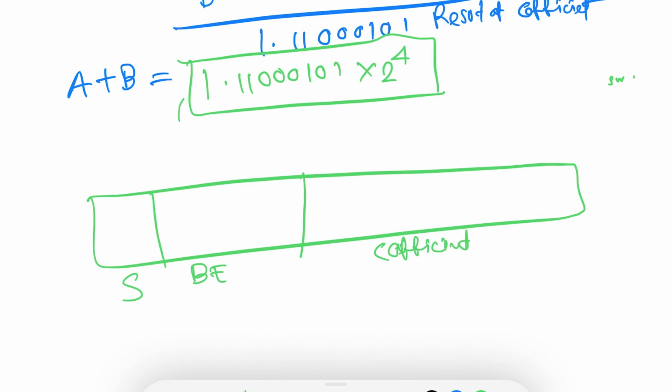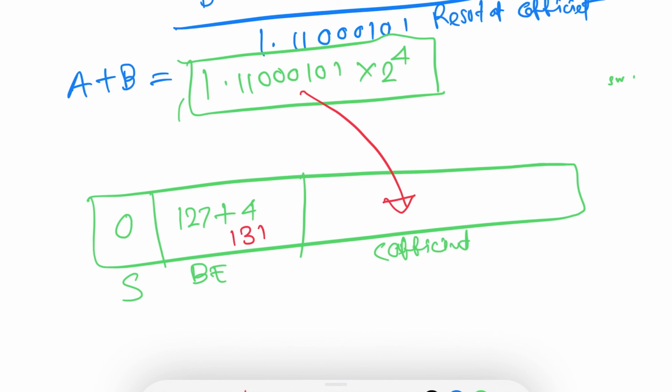The sign: both are positive, so it will be positive. The exponent here is 2, and we have a bias of 127 plus 4, it will be 131, and this coefficient will be placed here. So the result is like this for addition.